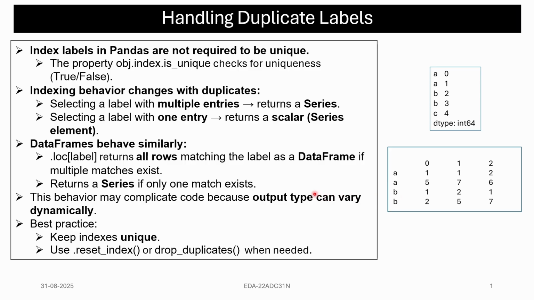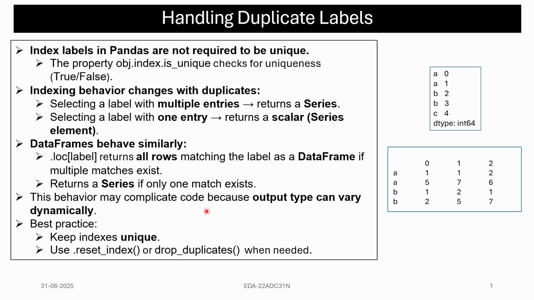Otherwise, if the label is not repeated, it returns a series object. So the behavior of the result varies based on whether the label is repeated or not. Sometimes returning different data types may complicate the code.